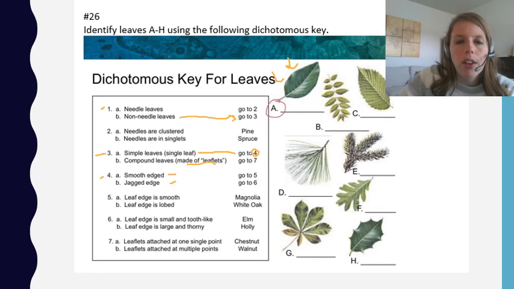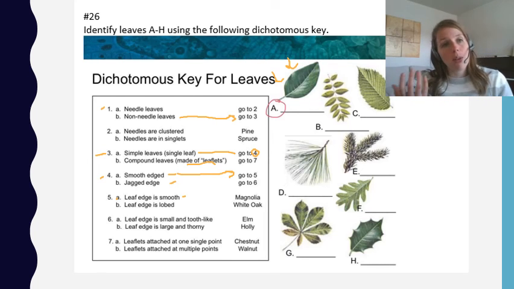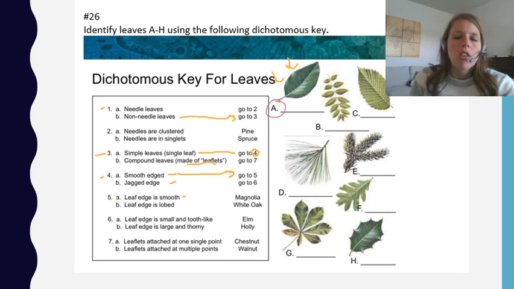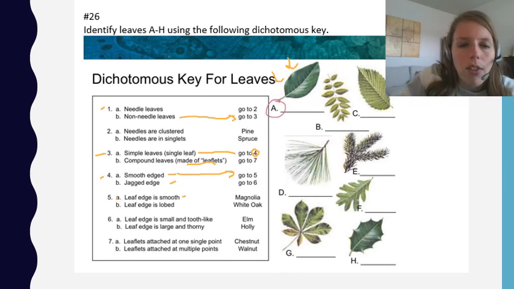It's definitely smooth, right? So then we go to 5 and we read, is the leaf edge smooth or is the leaf edge lobed? I'm not sure quite what that means. Sometimes we might have to look up words in here. So I believe it is smooth. It looks smooth to me, right? So I believe that this leaf is a magnolia leaf.